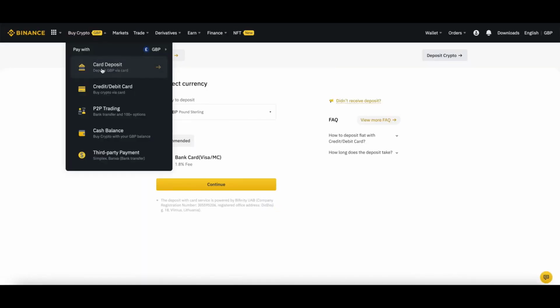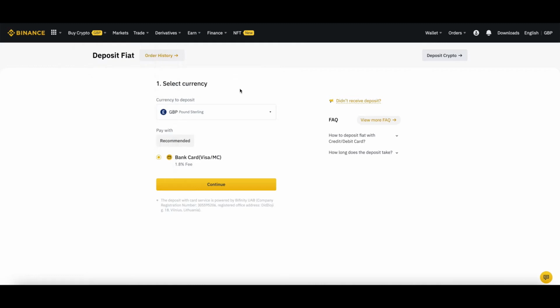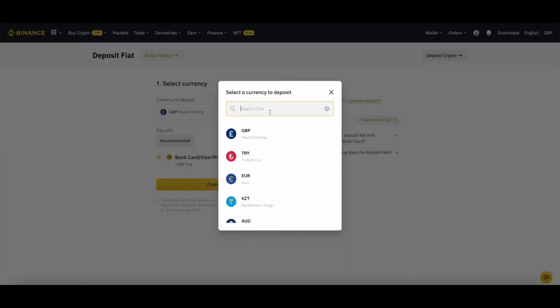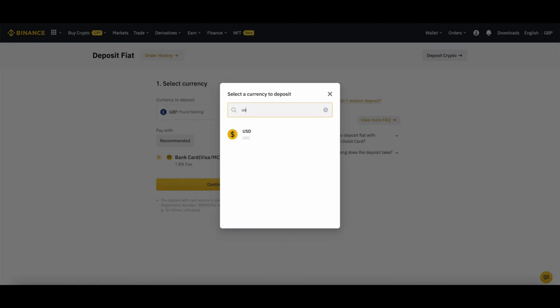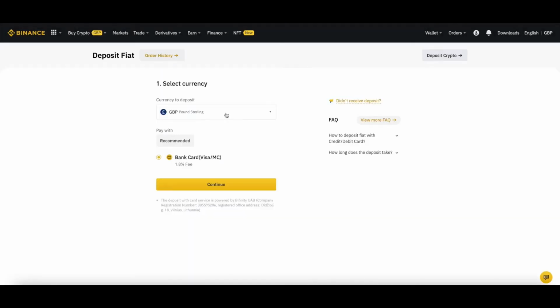And then in card deposit here, if you just wanted to make a one-off deposit, again you can select the currency that you want to deposit up here, and as you can see here, there's a 1.8% fee, and that's because you're sending it over from Visa or MasterCard into the account, so there's a much higher fee.